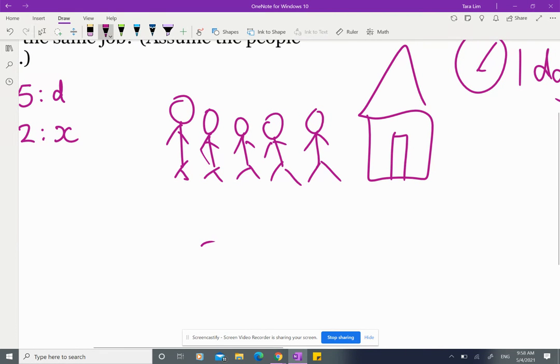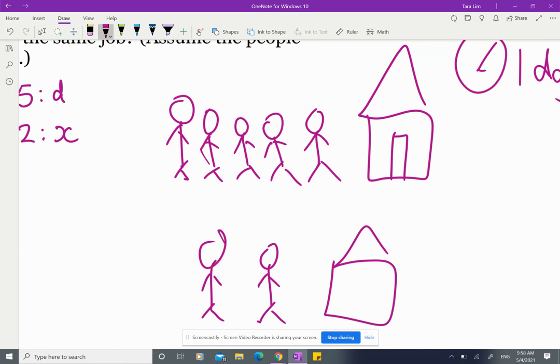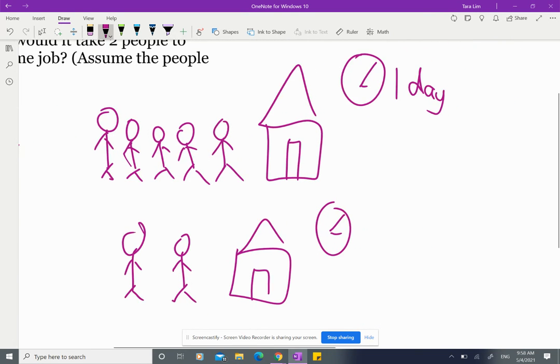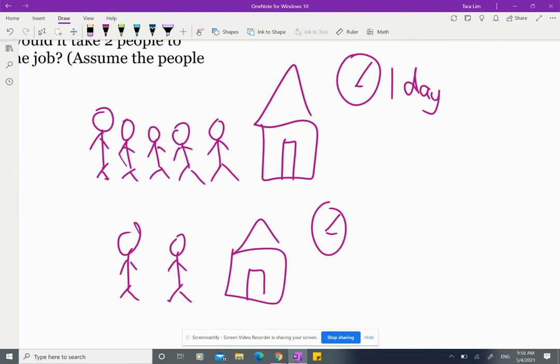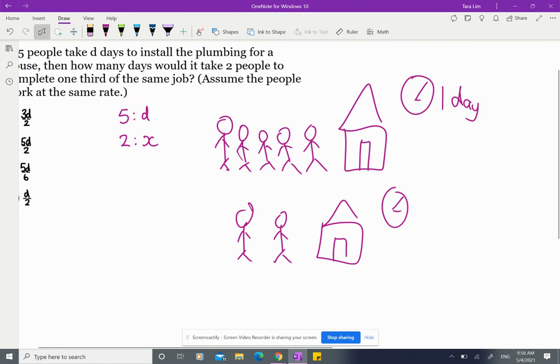And if there are only 2 people working on a house, then will the time be longer than the 5 people doing the house, or will it be shorter? It will be longer, because there are fewer people doing something, so it will take more time to do that thing.